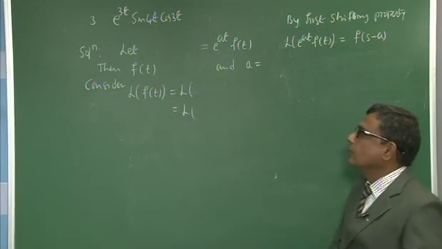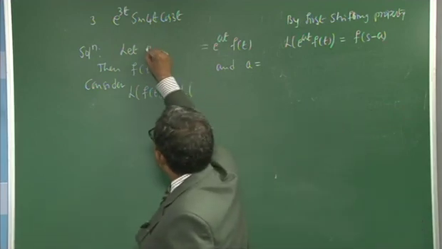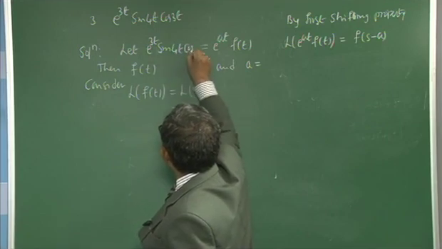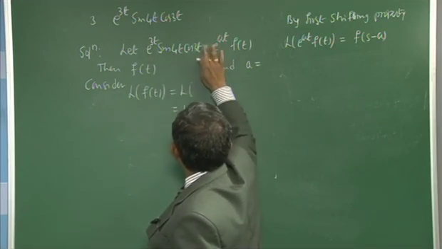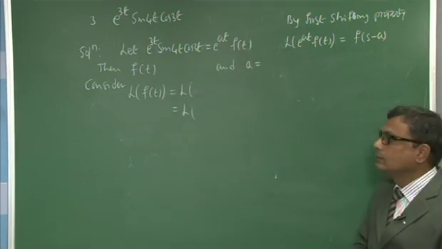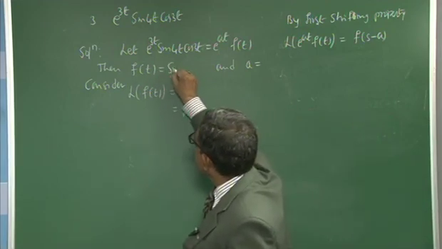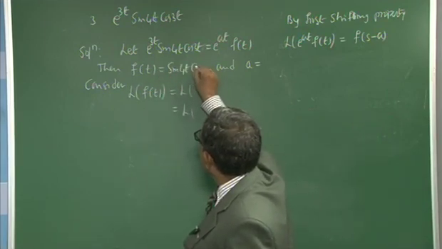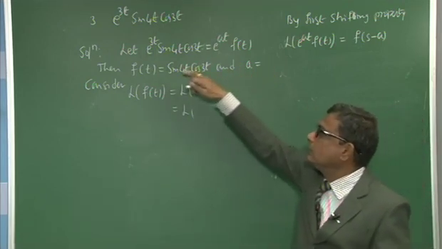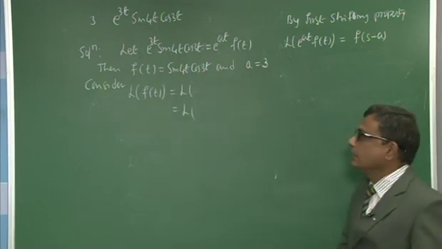Here you have to consider e raised to 3t sin 4t cos 3t equal to e raised to at f of t. Here the function f of t is sin 4t cos 3t, and what is your a here? e raised to at, a is 3 here.